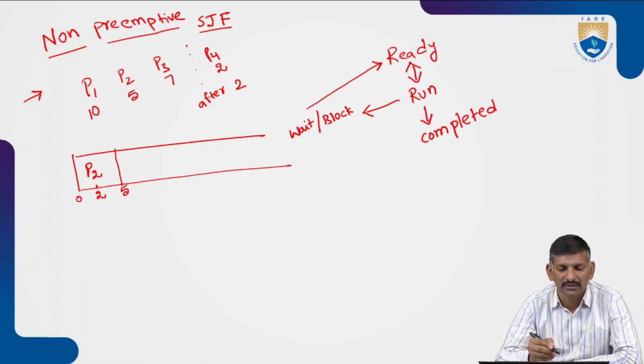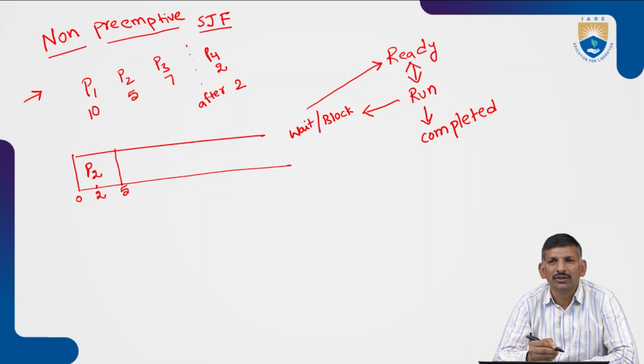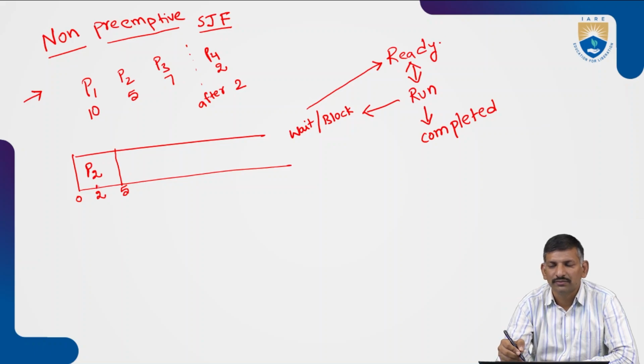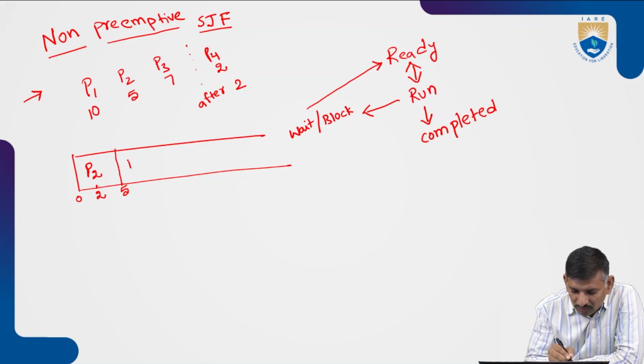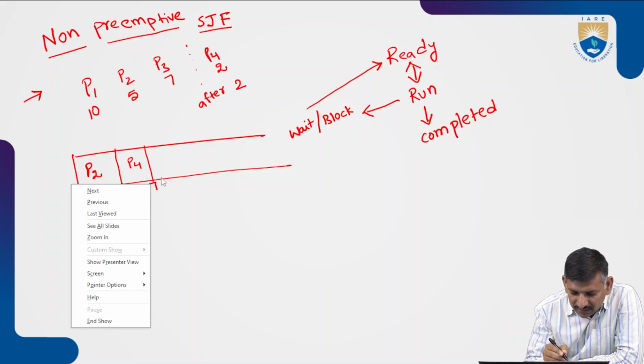After 5 milliseconds, the scheduler checks the ready state again. P1, P3, and P4 are available. Among them, P4 has the least execution time, so P4 is scheduled now. Its execution time is 2 milliseconds.